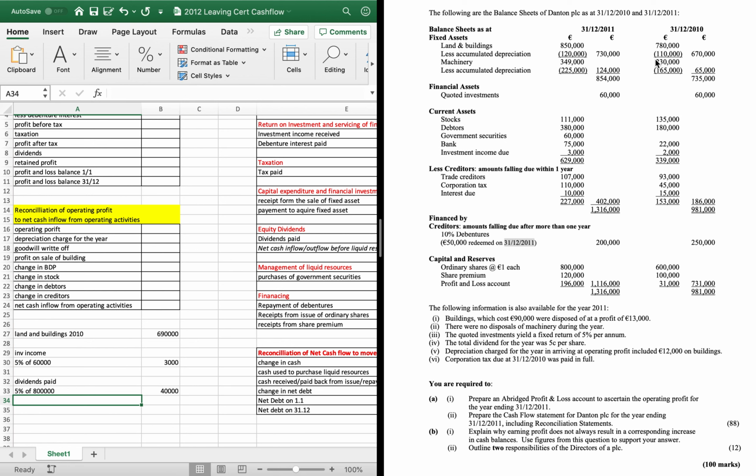So if there was no disposal on buildings, this 110 here should have gone up to 122. I hope you follow with that. So last year's accumulated depreciation 110, then there's a charge on depreciation of 12, which brings you up to 122. But this year's figure is only 120,000. So that means we must have disposed of 2,000 euros of depreciation when we sold the buildings.